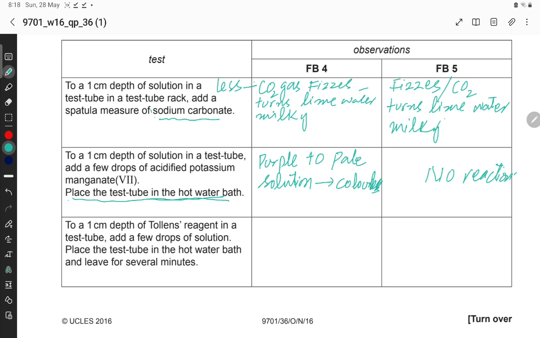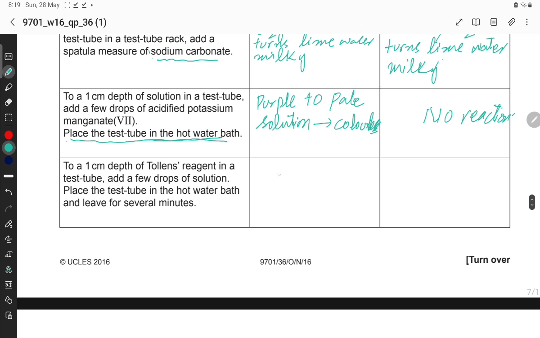Identify the difference between the two observations. For example, if I have fewer bubbles of gas in FB4 and more bubbles, more fizzing, in FB5, write that down also. To a 1 cm depth of Tollens reagent in a test tube, add a few drops of solution, place the test tube in the hot water bath and leave for several minutes.